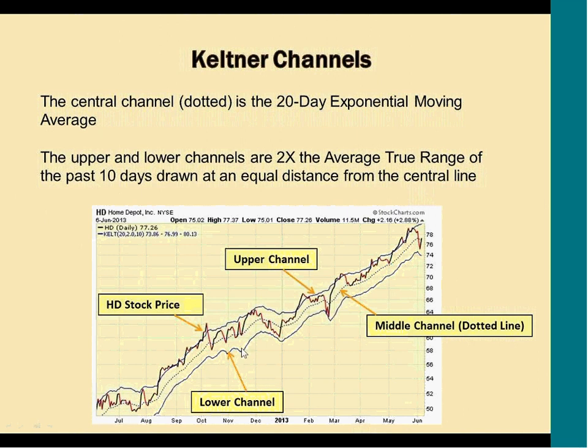And we can see the stock got overbought here, corrected, overbought, corrected, overbought, corrected. So when the stock gets overbought, it's going to retrace back to the middle channel or the lower Keltner channel.